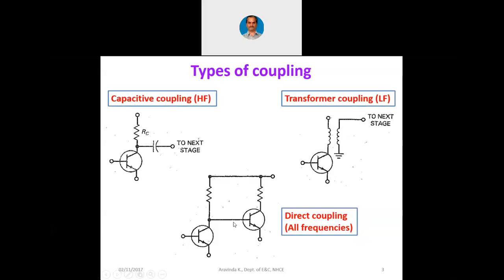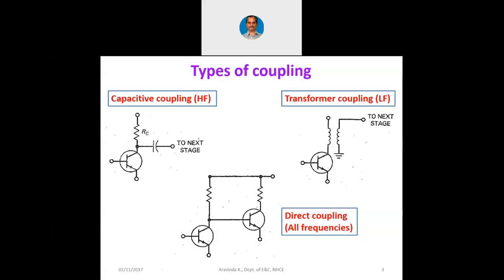For example, let us say here at the collector it is supposed to be VCC by 2. Now this emitter cannot be directly grounded. The second transistor's emitter cannot be directly grounded. The reason is, if this is VCC by 2, then naturally this transistor will go into saturation. But inside an amplifier, we want all the transistors to be working in the active region.